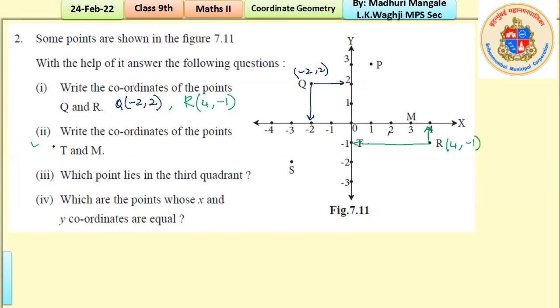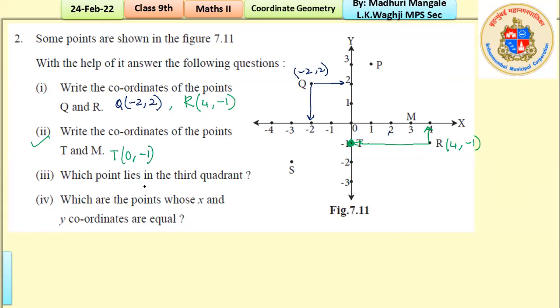The second question says write the coordinates of the points T and M. Looking at T, here is the point T, and you can clearly see that it's lying on the y-axis. Since it's on the y-axis, the x has to be 0. So for T, the x is 0 and y is -1.